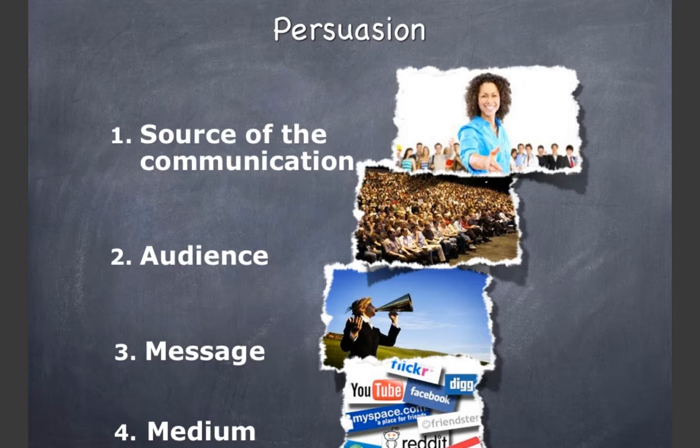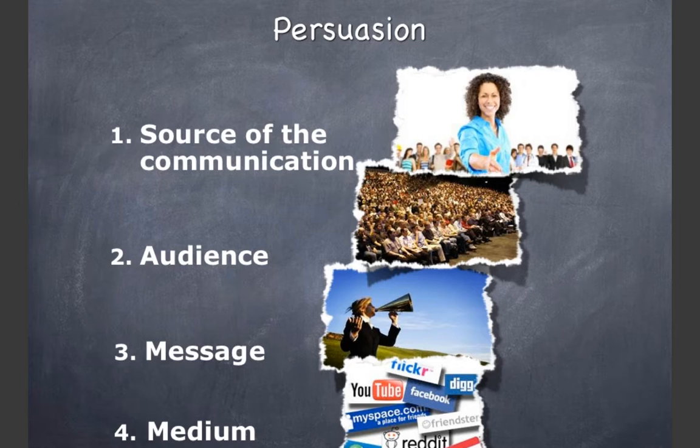So influence is increased when there's credibility, expertise, and trustworthiness, even attractiveness and likability as the source, so the spokesperson, if you will. If they're credible or perceived to be credible, expert or perceived to be expert, trustworthy or perceived to be trustworthy, attractive or likable, then that helps in the persuasion.